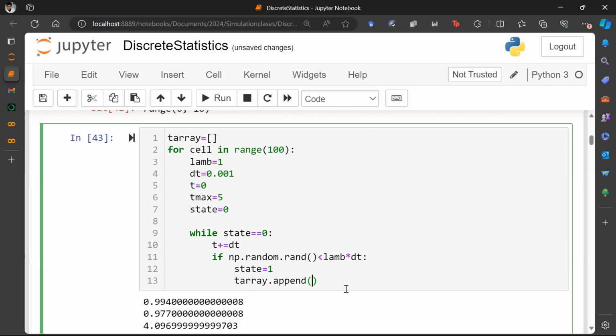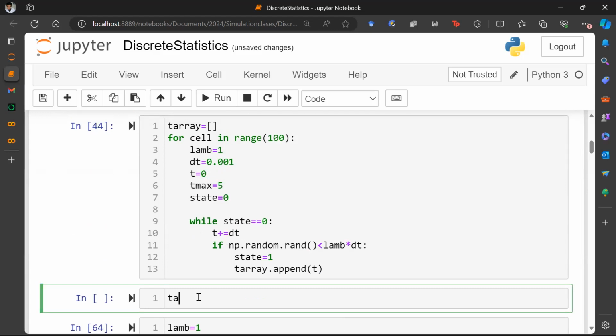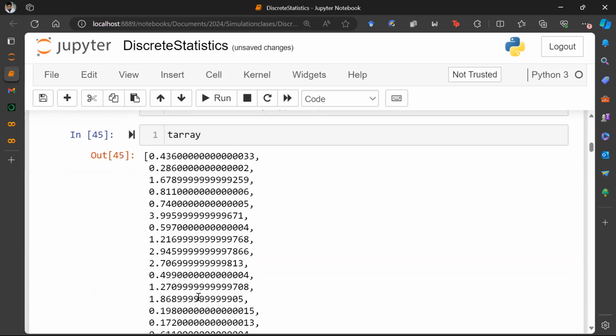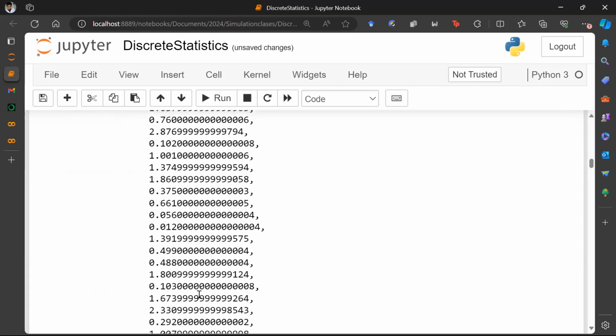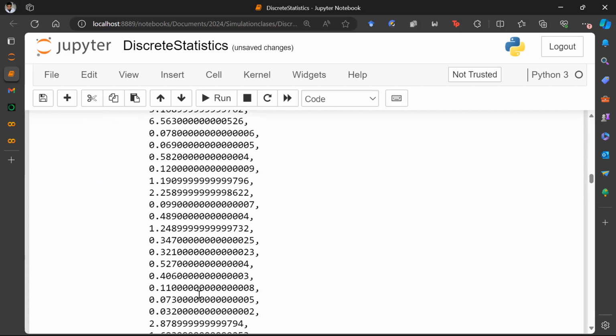Append comes from appendix, that is putting the elements inside the array. So I'm going to save t. And when I have the t array, I have an array with all the numbers I've simulated.